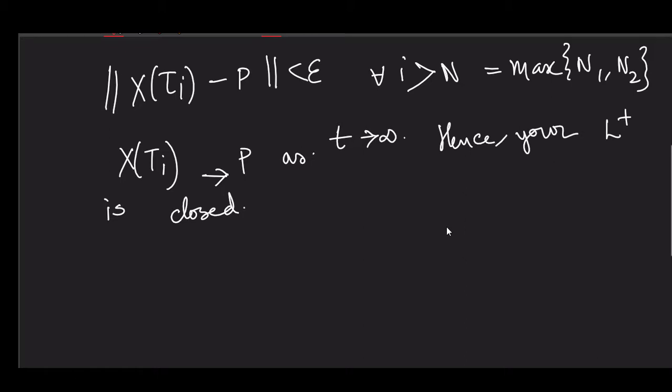Similarly here, L plus contains p and all other limit points, so L plus is closed. Already we have proved that L plus is bounded. Now we have proved L plus is closed. Therefore L plus is compact.